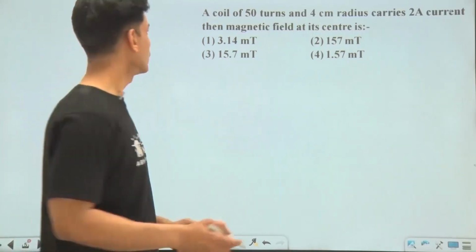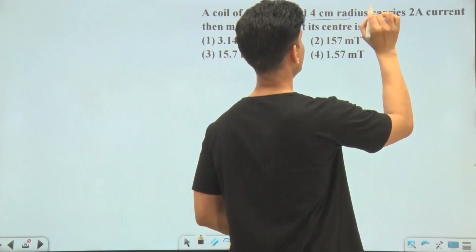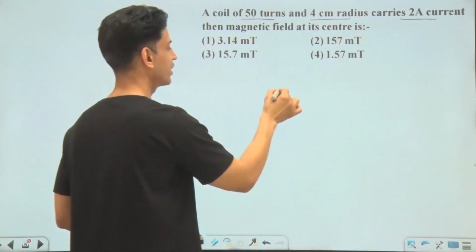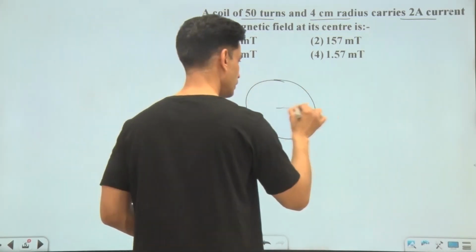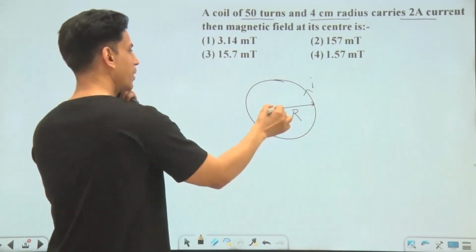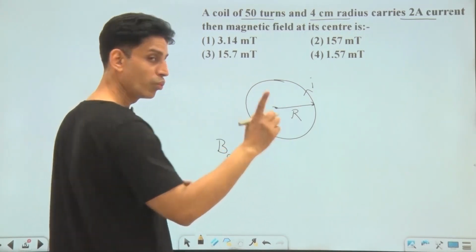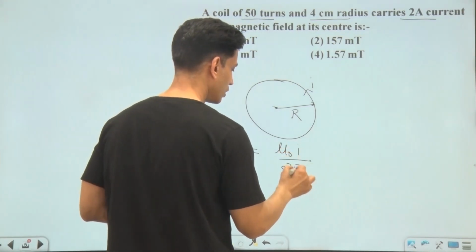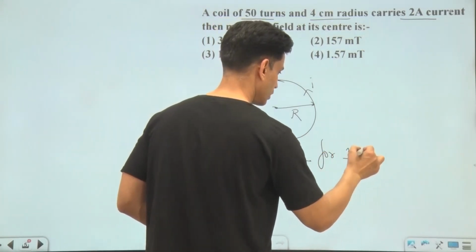Now move to the next one. A coil of 50 turns and 4 centimeter radius carries 2 ampere current. Then the magnetic field at the center is. Let's suppose we have a coil of 1 turn. Its radius is r and it carries a current I. Then the magnetic field at the center, due to 1 turn, is mu naught I upon 2r.